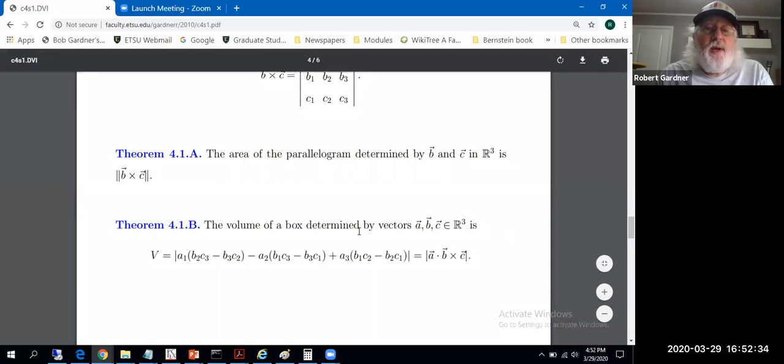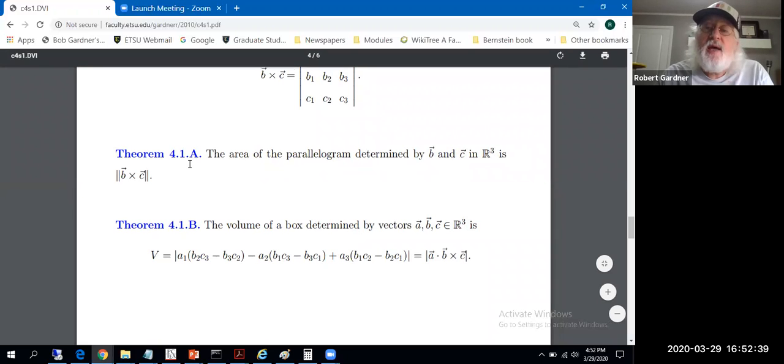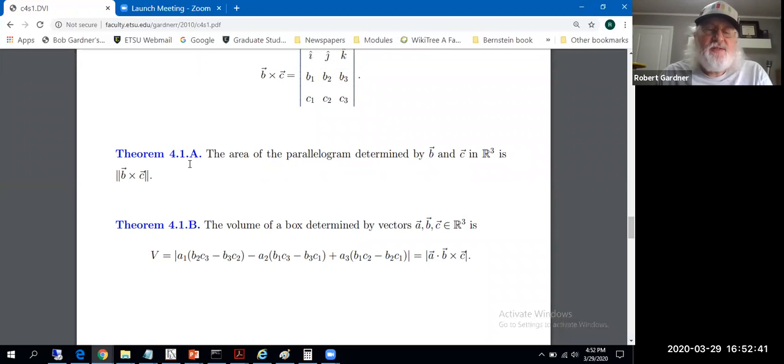Theorem 4.1.a says, and the supplemental Beamer notes have an argument of this, it's not terribly enlightening, so let's skip the argument in the video. It's a bunch of algebra. It says the area of the parallelogram determined by B and C in R3 is the magnitude of B cross C. We had area of a parallelogram determined by 2 vectors previously, and that was 2 vectors in R2.